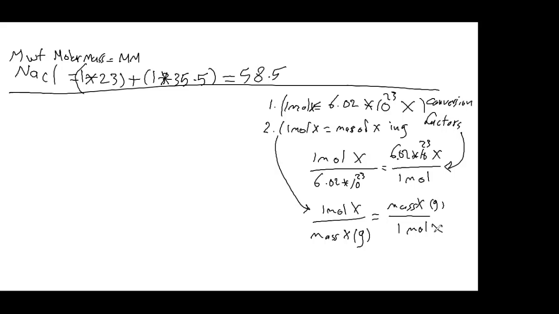Remember, always, mole equals either a number, which is 6.02 times 10 to the power 23, or a mass, which is the mass in grams of X. It could be an atom, an ion, or a molecule. If it's a molecule, it will be the summation of all the atomic weights of the atoms in the chemical formula of the molecule.